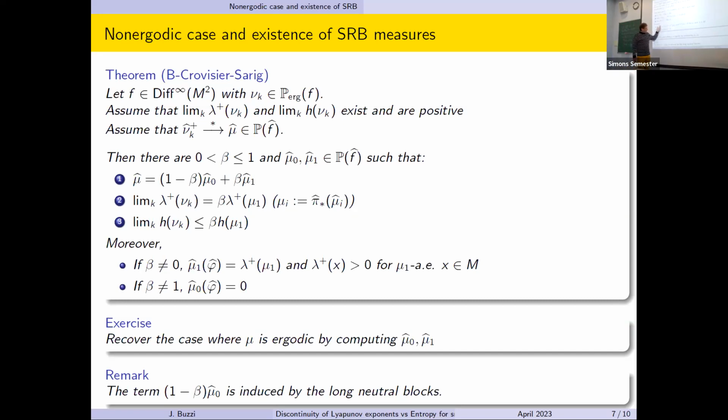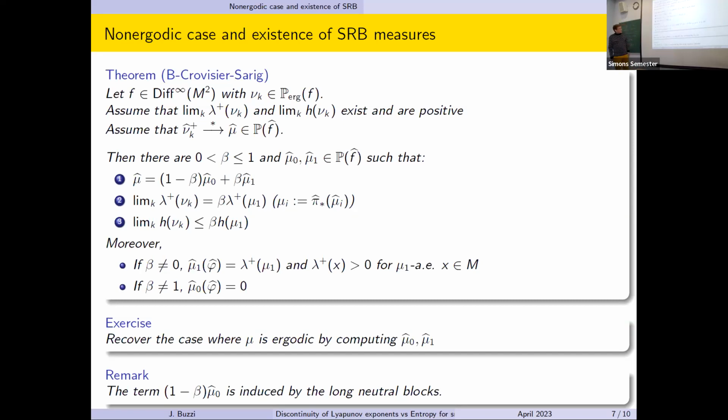You have the stable and unstable lift, whose average dilations are the two exponents, and you have to take the stable lift, which corresponds to negative average, but then a part of the unstable lift to compensate and go back to zero. If you do that in the ergodic case, this tells you what mu 0 hat and mu 1 hat are, and you recover the same.